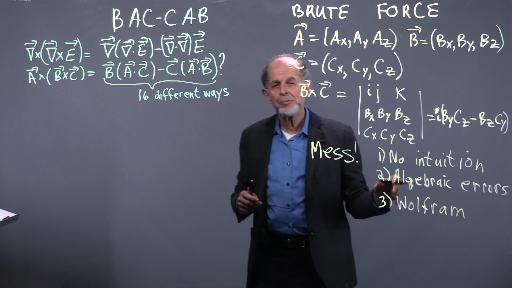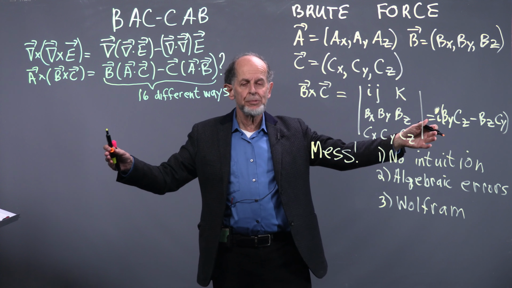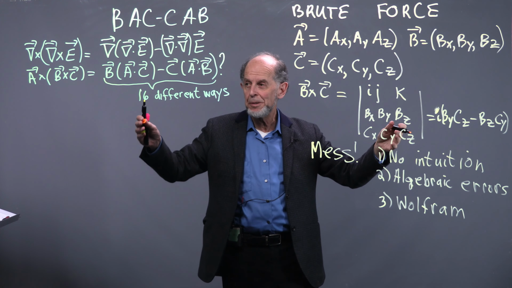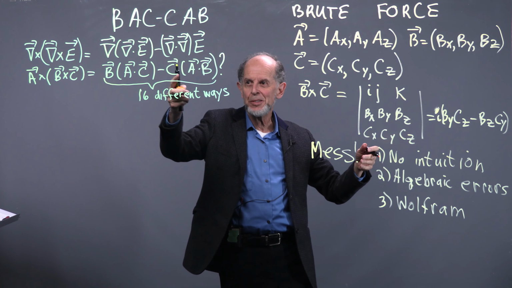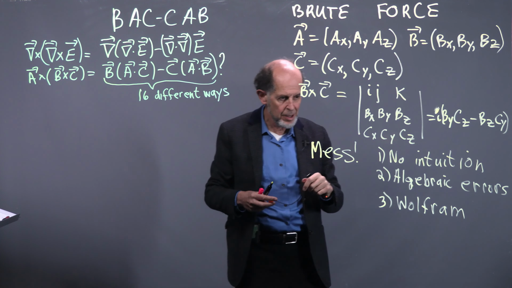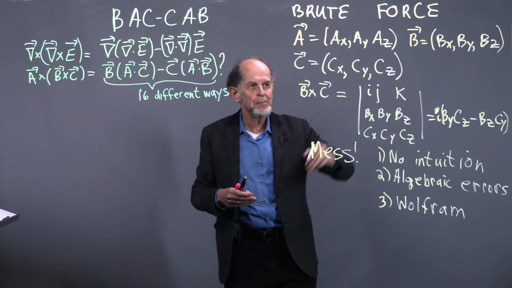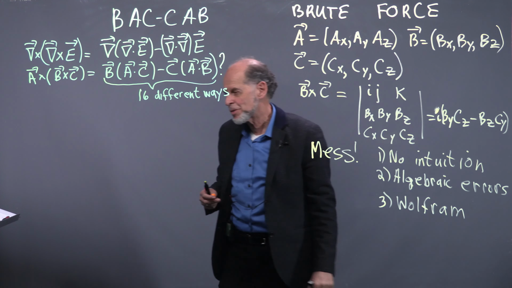And when you get the Wolfram result, you'll get all those 12 terms done perfectly, but you have to group them to see where you get these dot products and stuff. So that's not very attractive. And I'm not going to put a big X through this.